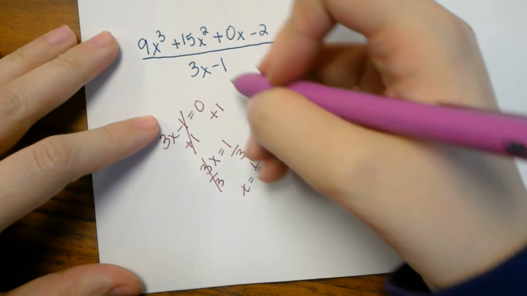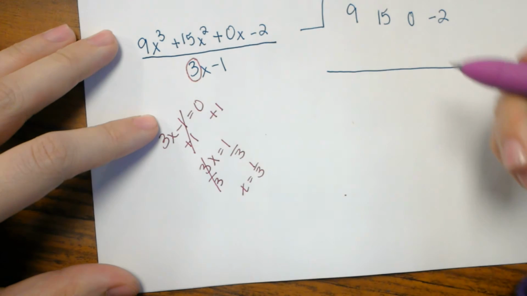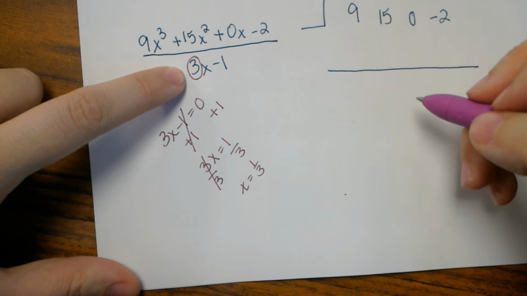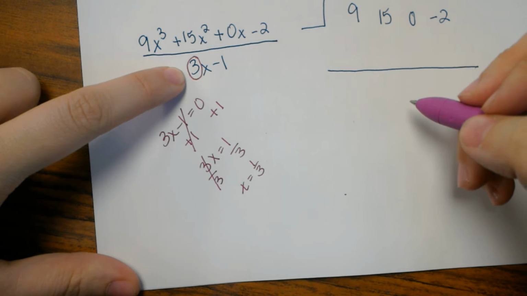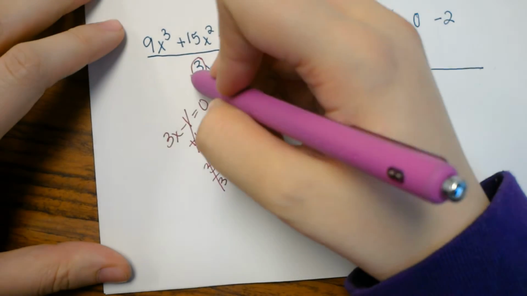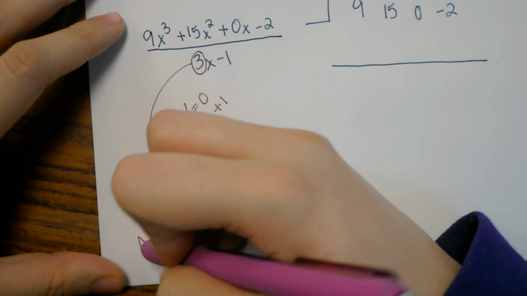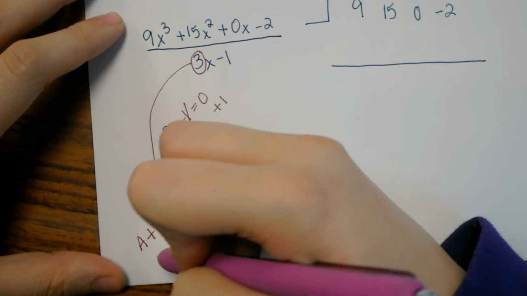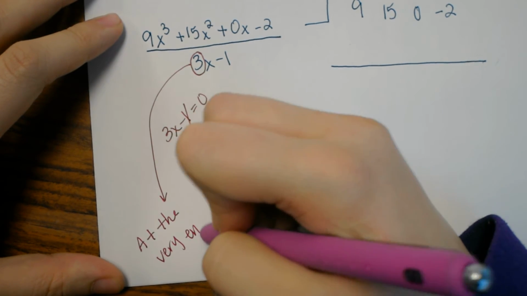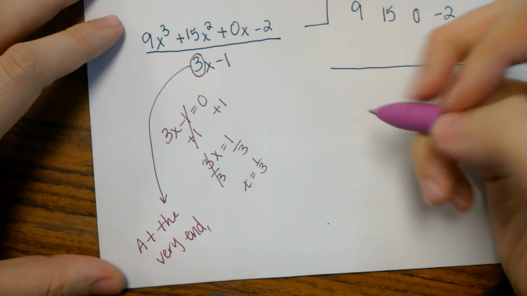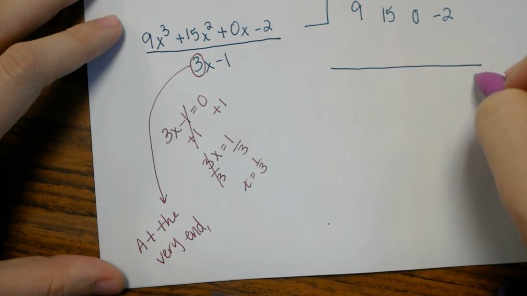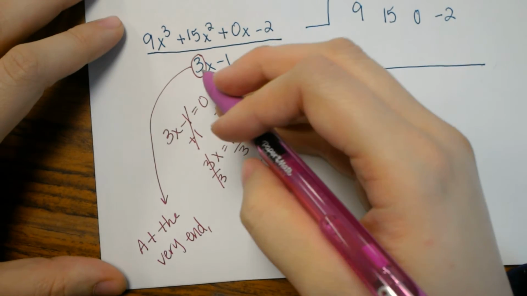And so when I have a divisor with a coefficient on the x, at the very end, I have to divide the numbers that I get over here by that coefficient.